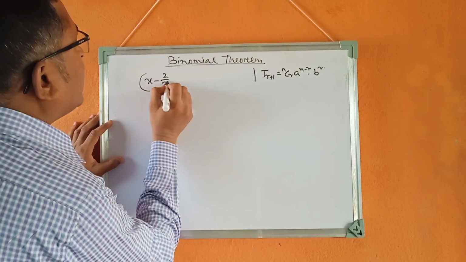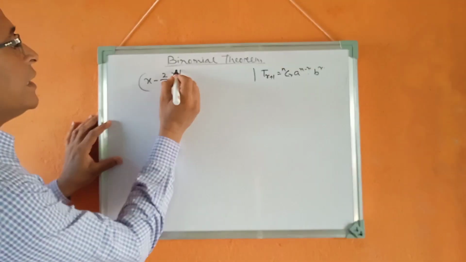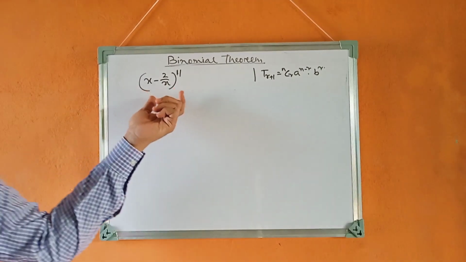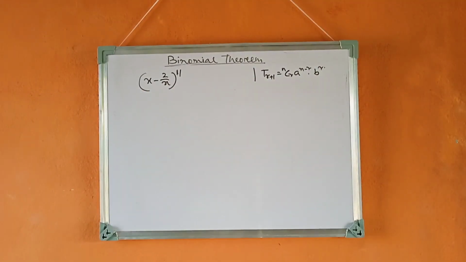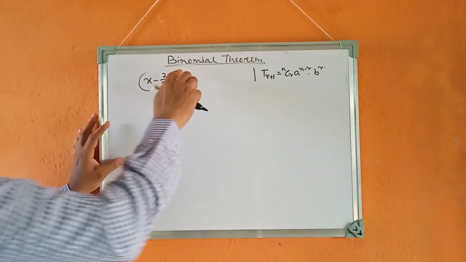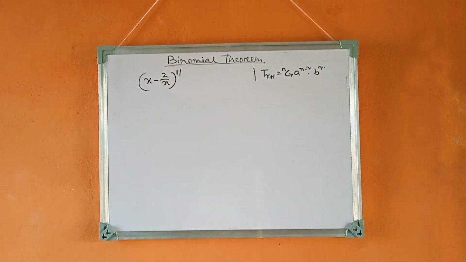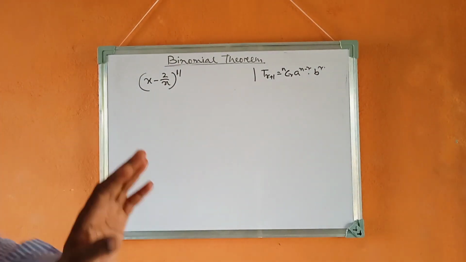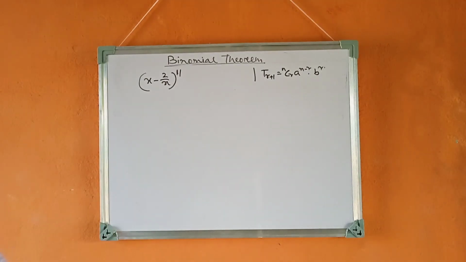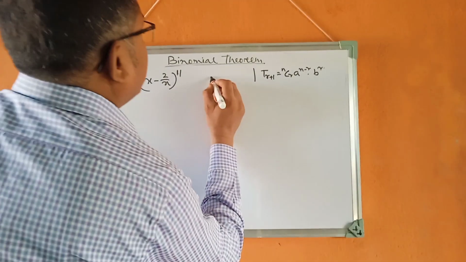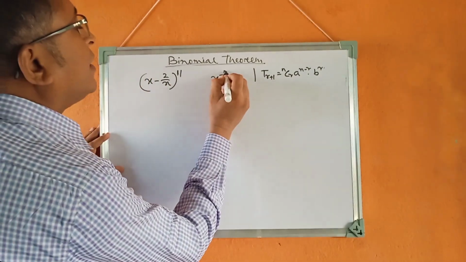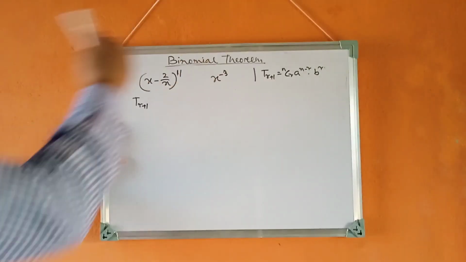So the question is, this is a binomial expansion, so which term in the expansion of (x minus 2 by x) whole to the power 11 contains x to the power minus 3? Which term contains x to the power minus 3? Let the r plus 1 term contain x to the power minus 3.